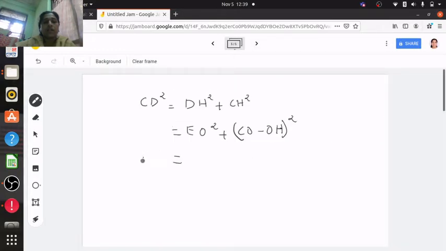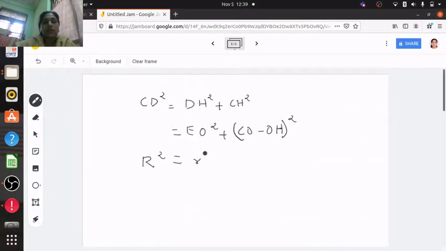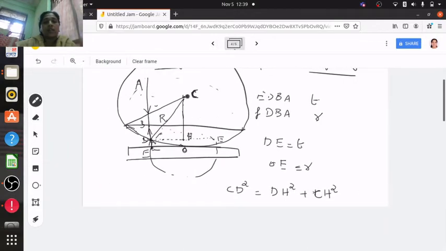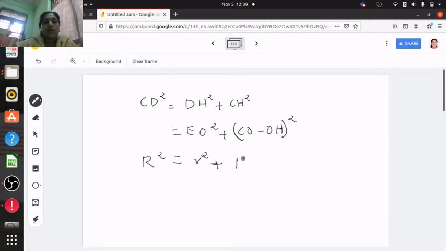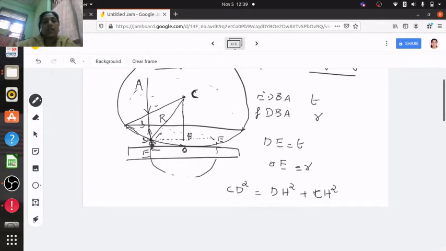So we can write it as R square, and EO is the radius of the ring, the same as OE. So EO can be written as r, plus CO, which is the radius of the curvature of the lens, here capital R, minus OH, which is the same as DE, that means the thickness of the air film at that particular point.